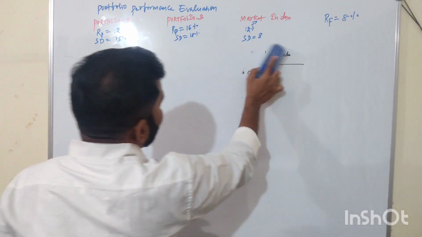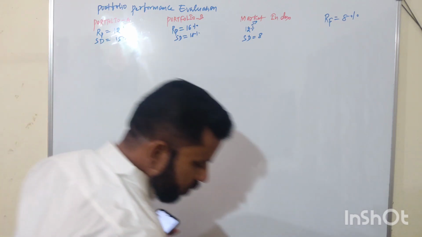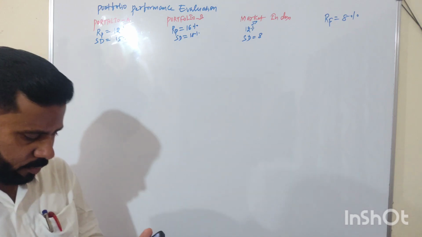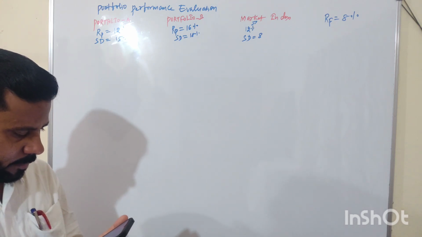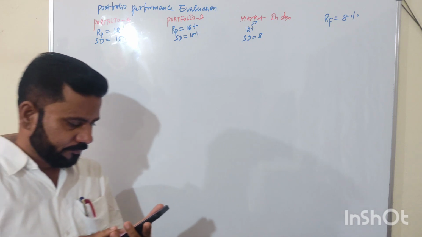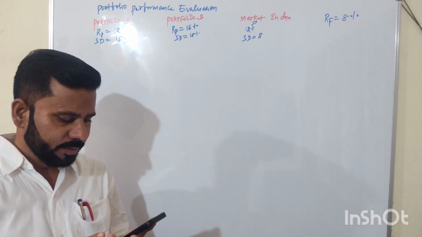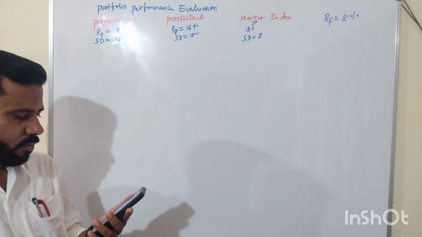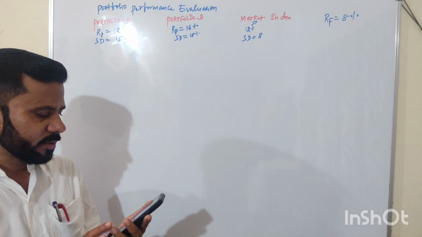So this we completed. I have solved question number 1, the problems which I sent in our WhatsApp group. Now let me calculate the second one. You are asked to analyze the two portfolios having the following characteristics.